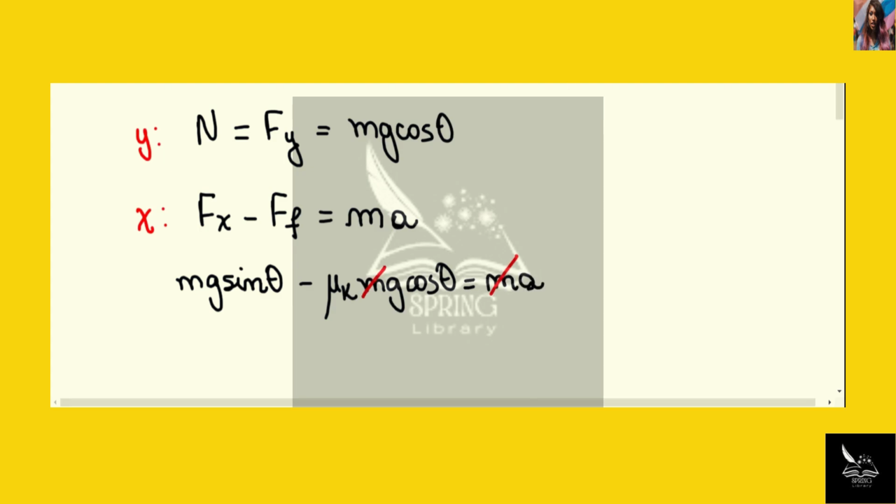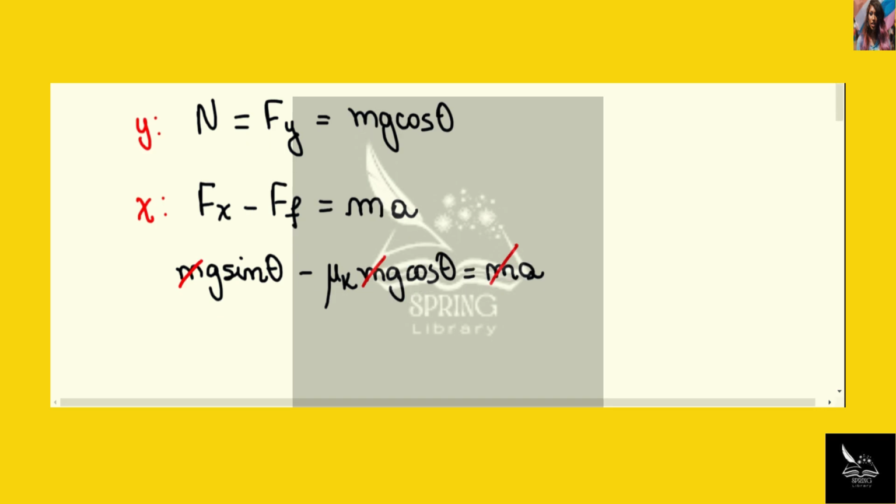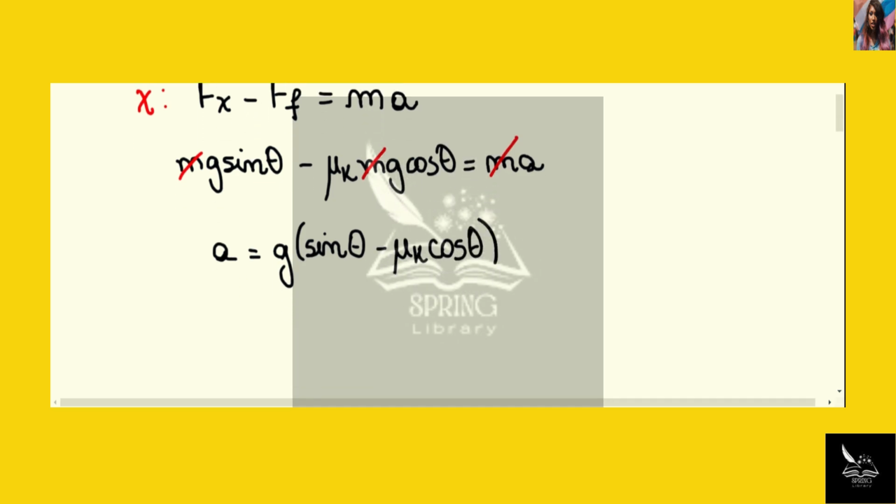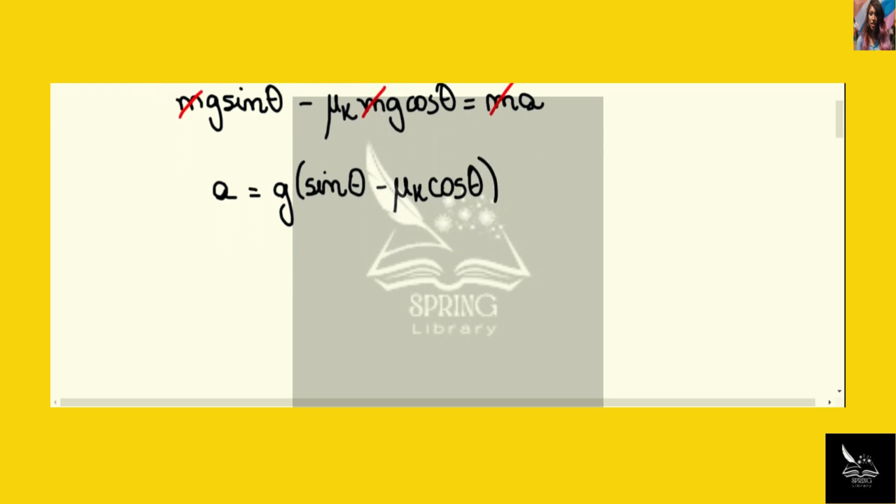Notice that the m's cancel out, so we're left with a equal to g times the sine of theta minus mu k times cosine of theta. This is the acceleration of the block.